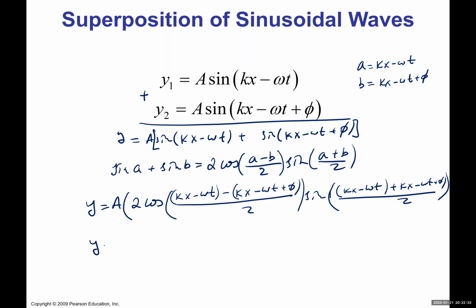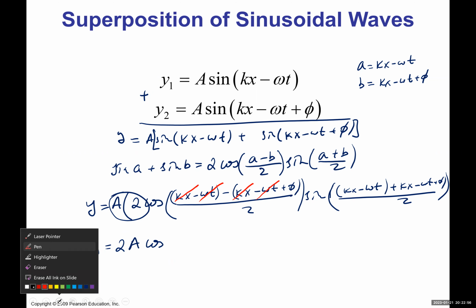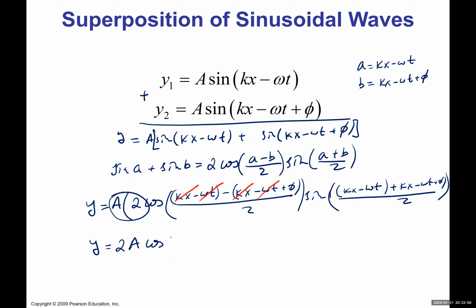And then we can just calculate from here. Y equals 2A, combining those two, then cosine. And if we do a little algebra, this technically cancels with that. This then cancels with that, and we only have phi inside there. That means I can just say this is cosine of phi over 2.